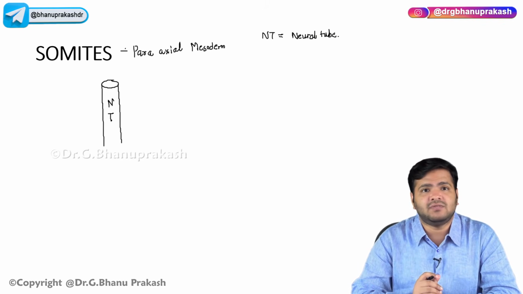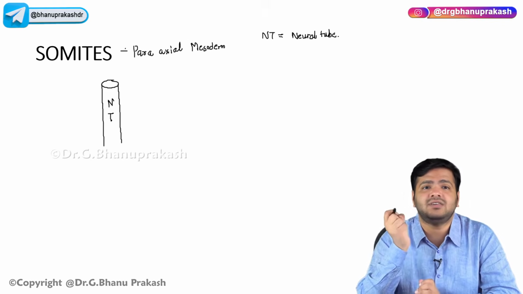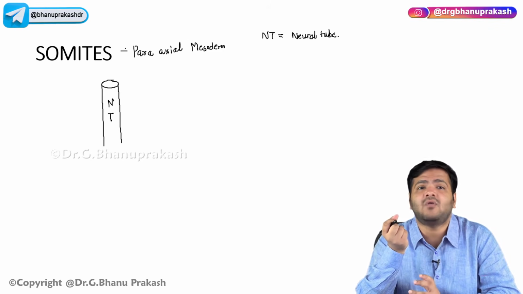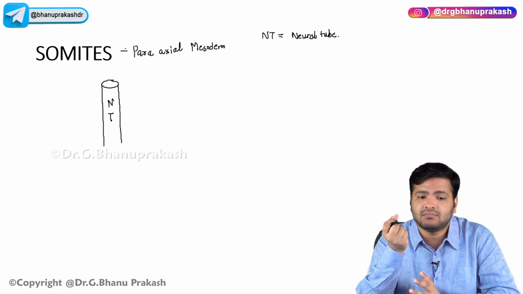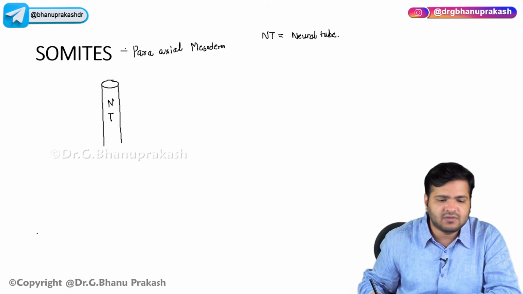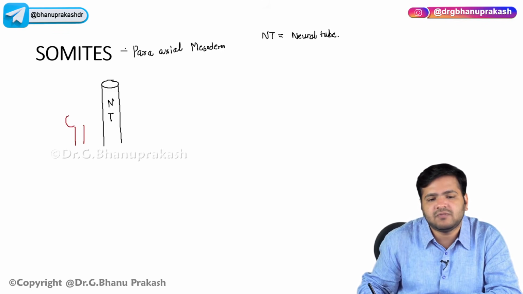The paraaxial mesoderm. This paraaxial mesoderm will form some thickenings or ball-like condensations, and these are called the somites. The paraaxial mesoderm will be present on both sides, so there will be ball-like condensations formed.